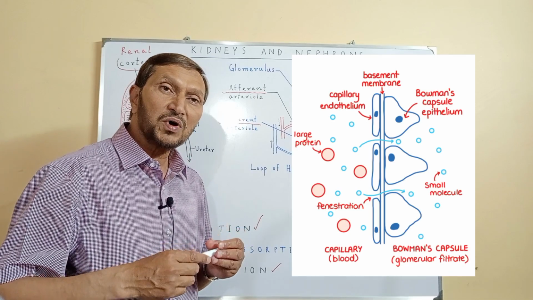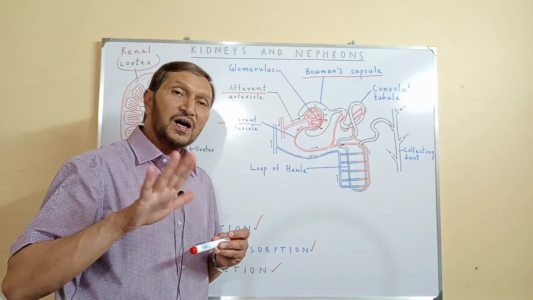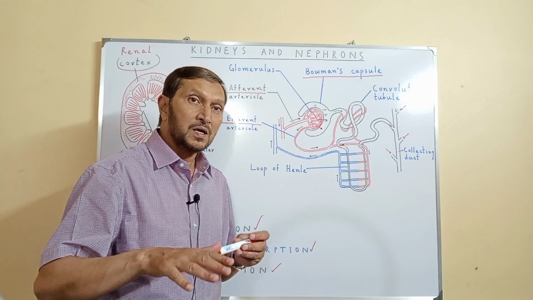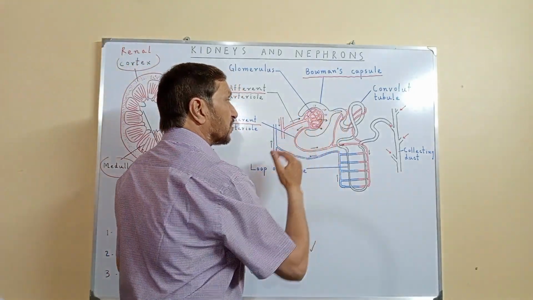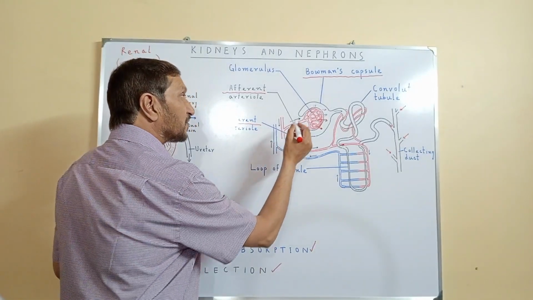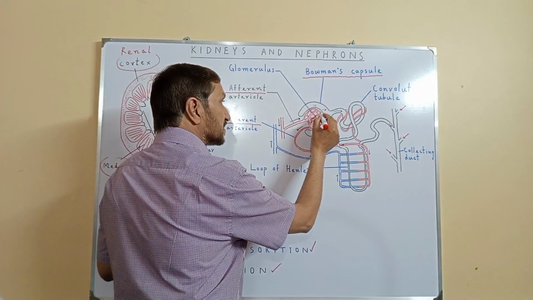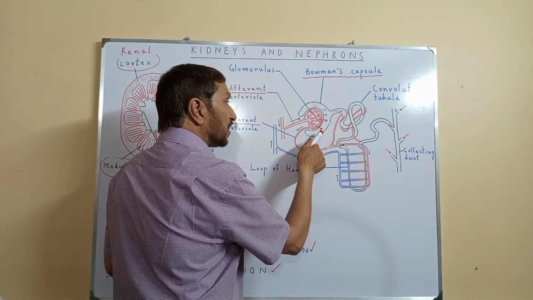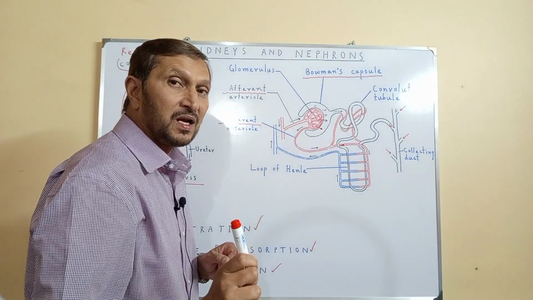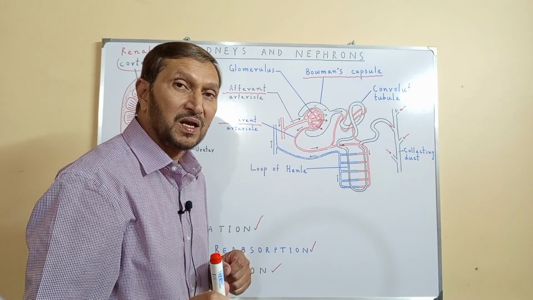So all the small molecules which are present in the blood are filtered off under high blood pressure, as the walls of the blood capillaries and the walls of the Bowman capsule are a partially permeable membrane, a semi-permeable membrane.